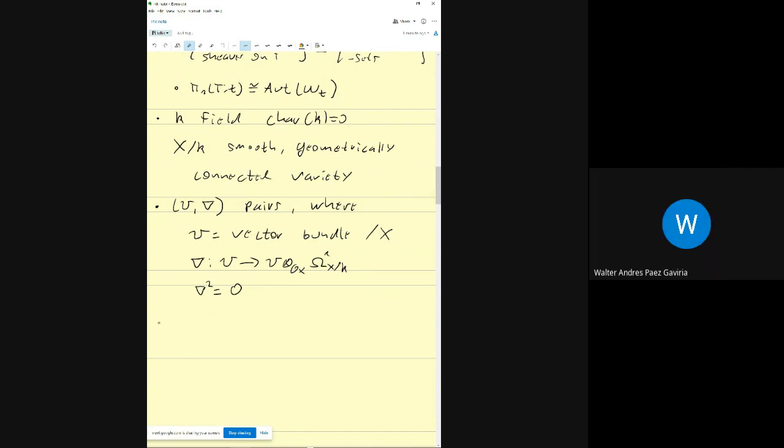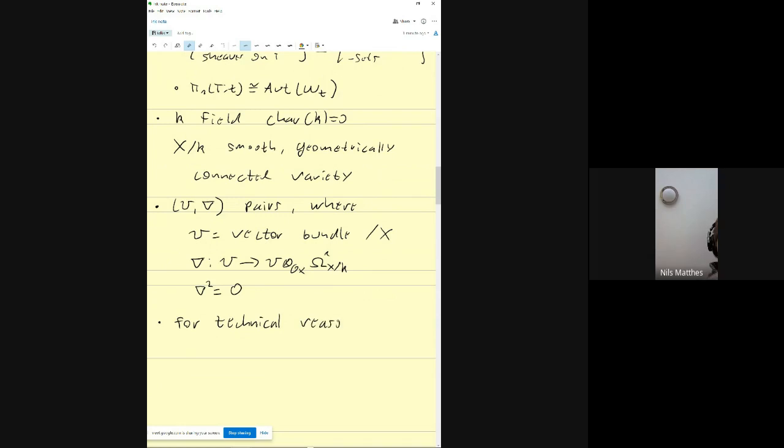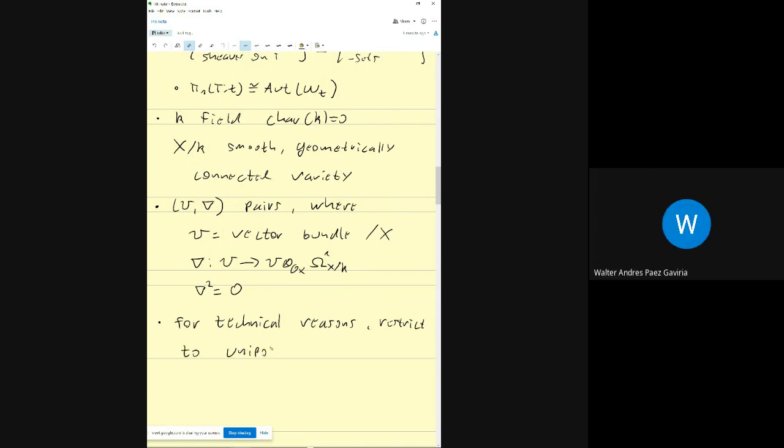But for technical reasons, we're actually going to restrict our attention to only a subclass of these. We're going to restrict to so-called unipotent vector bundles with connection.